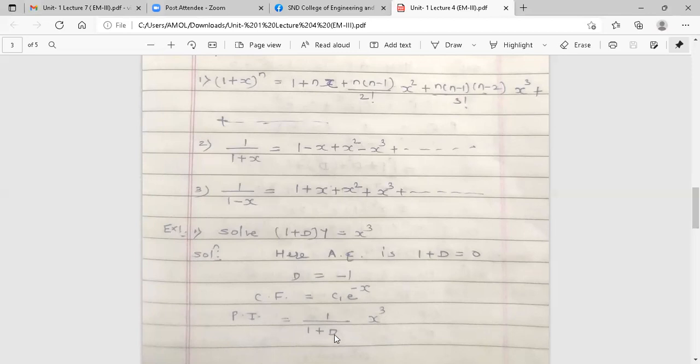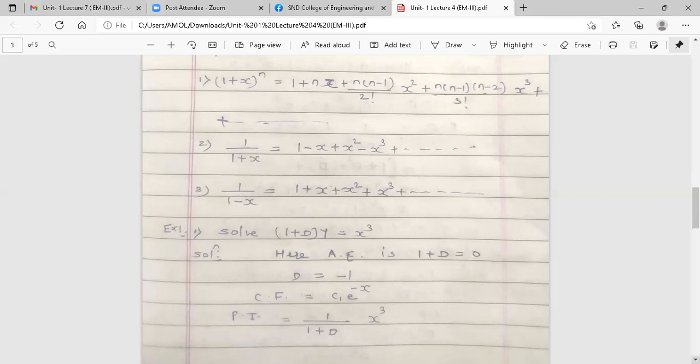Now the term here is 1 upon 1 plus D, which is in the form 1 plus x. So you can use this series of 1 upon 1 plus x here, and you just replace x in this series by D, because your term is 1 plus D.